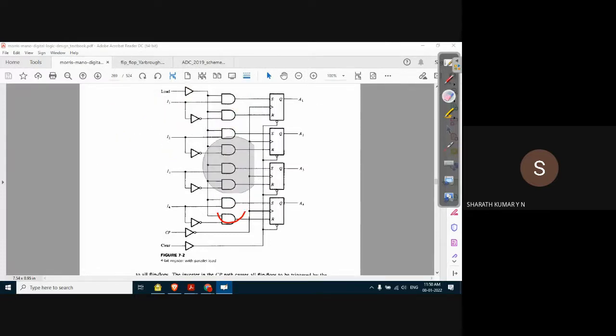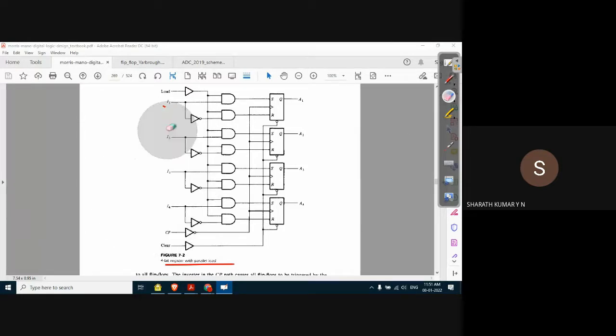Now observe this, the 4-bit register with parallel load. We are applying the inputs I1, I2, I3, I4 through the AND gates, and also through the NOT gate. We'll take one simple example.